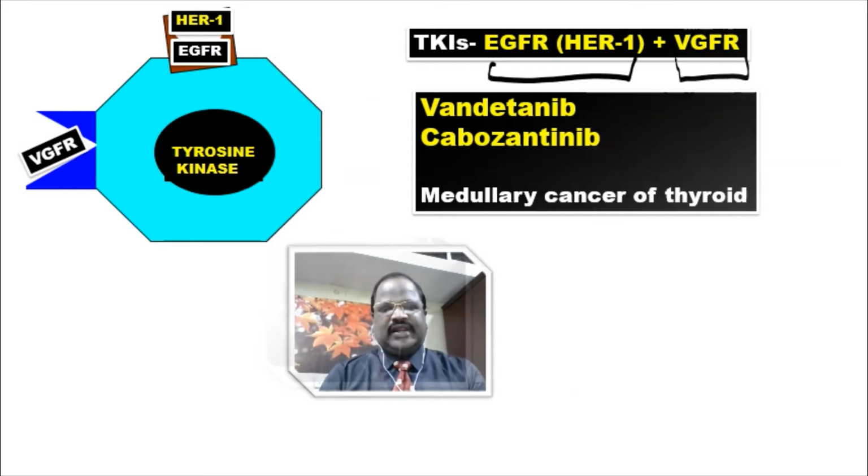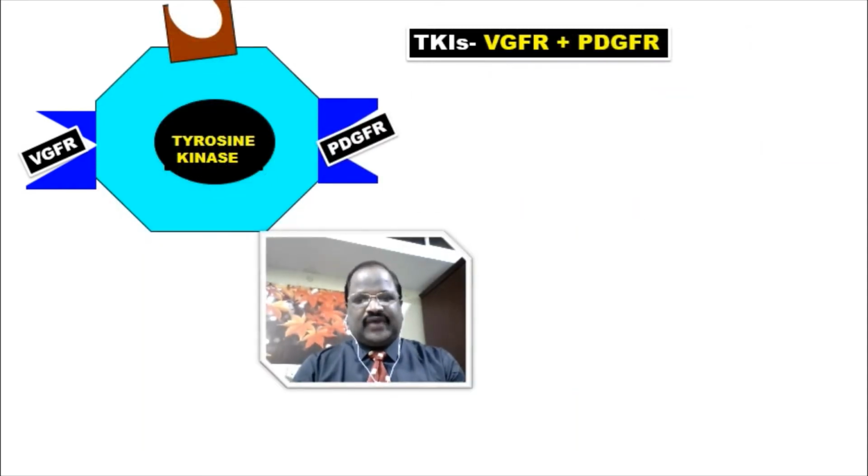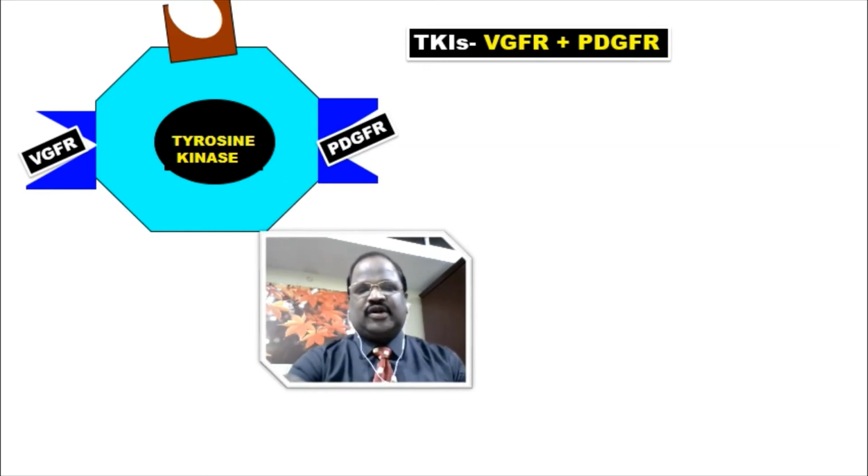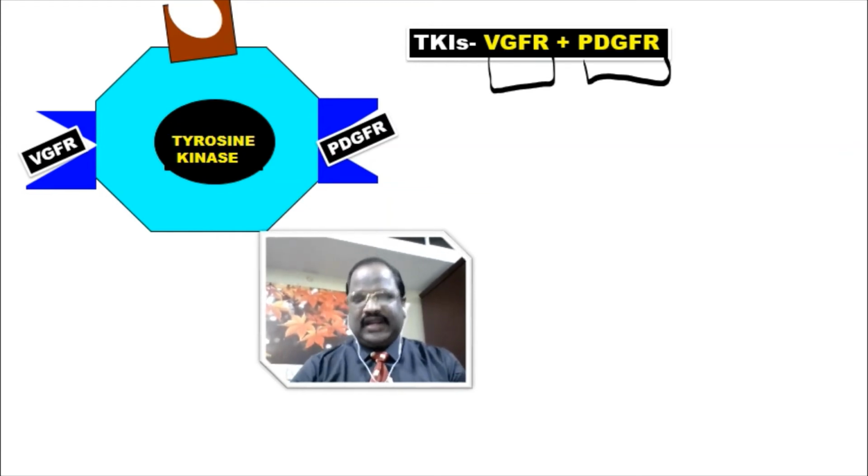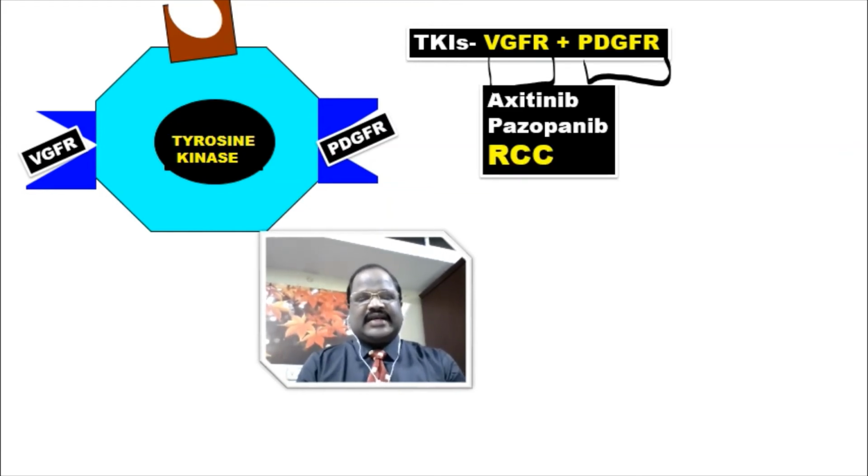And then another very important topic, there are some tyrosine kinase inhibitors targeting both VEGFR plus PDGFR. The drugs are axitinib and pazopanib. So axitinib and pazopanib are multi-targeted tyrosine kinase inhibitors useful for RCC, the so-called renal cell carcinoma.